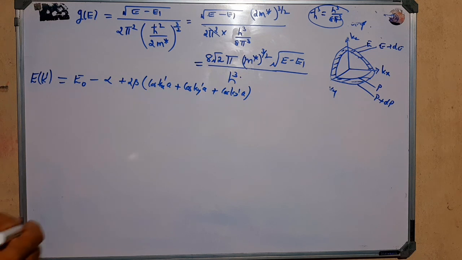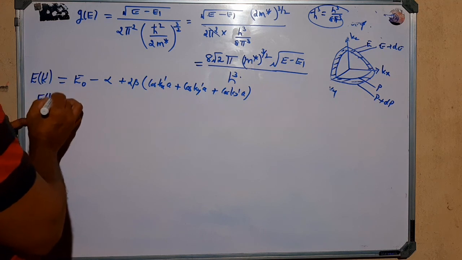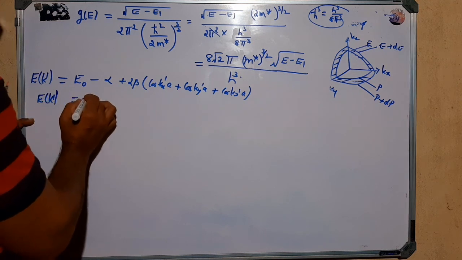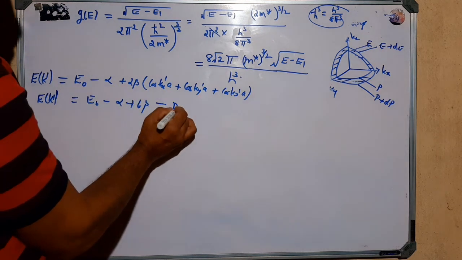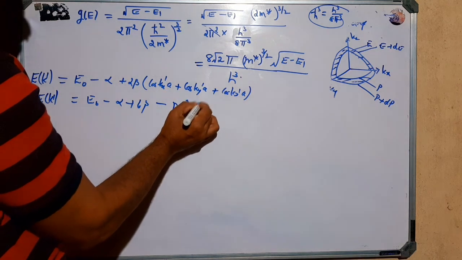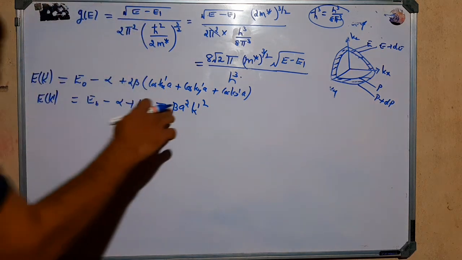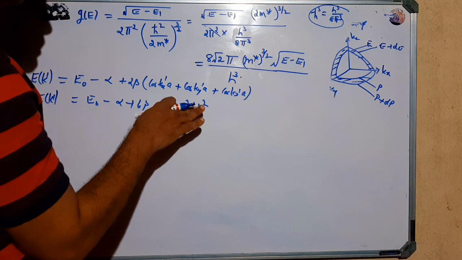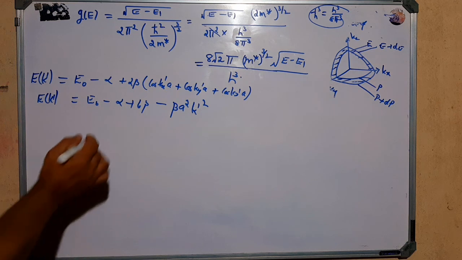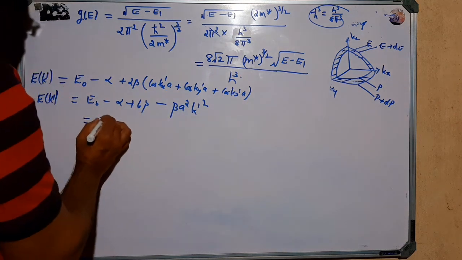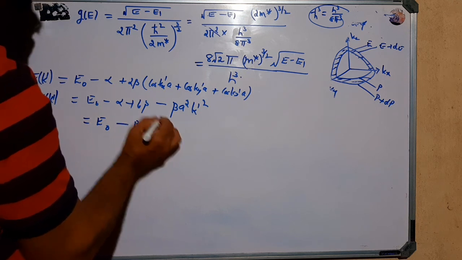Finally, for small values of k dash, it can be simplified as E naught minus alpha plus 6 beta minus beta a square k dash square. In your mind, keep this as k square only. In the previous case we took k for the bottom; here it is the same k, but at the top. So this is equal to E naught minus beta a square k dash square.